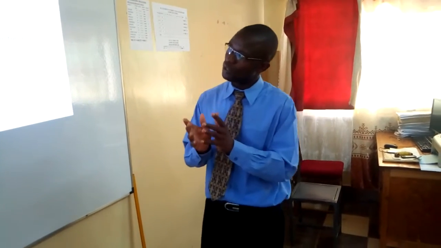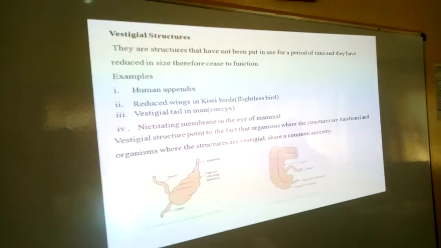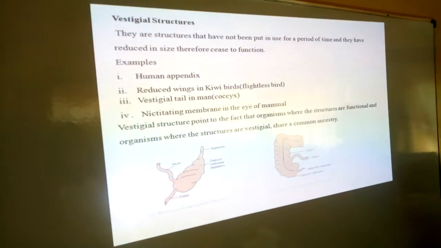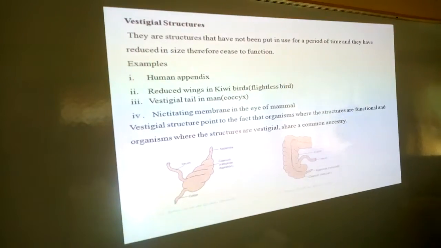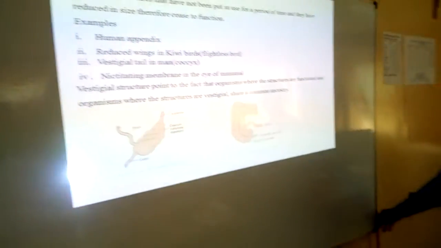So structures that have not been put in use for a period of time, and as a result reduce in size, therefore cease to function, are referred to as vestigial structures. Examples: the human appendix is the simplest example.